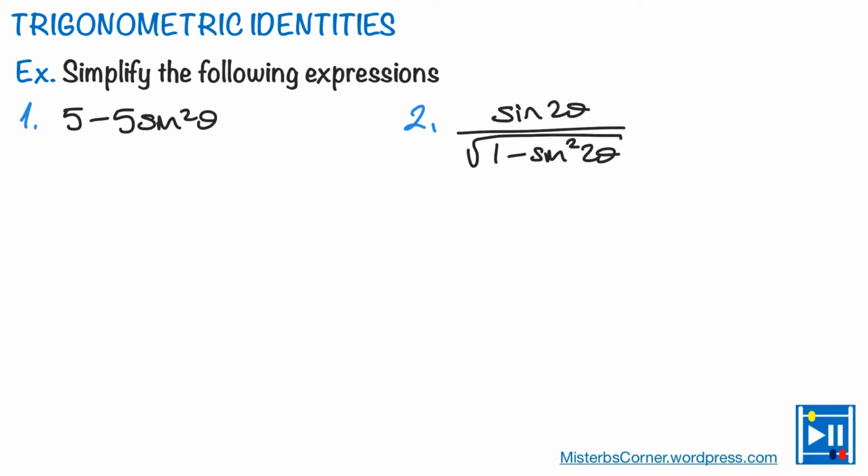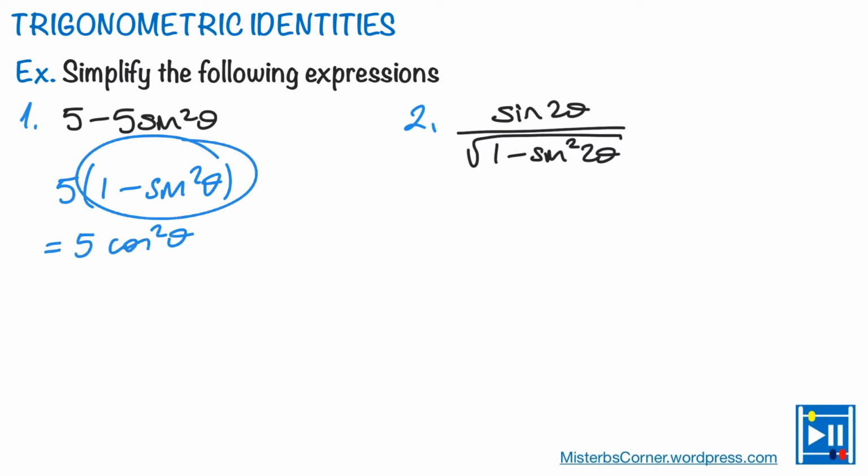The first type could be simplifying expressions, like the first one. If you take 5 as a common factor out, it's going to be 1 minus sine squared theta, which would then be 5 cosine squared theta, as this expression is nothing but cosine squared theta. And the second one is going to be sine of 2 theta over the square root of cosine squared 2 theta.